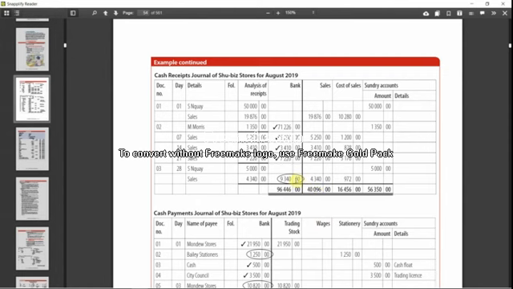So if we look at our cash receipts journal, if we have a circle there, it means we recorded it, but the bank did not record it on their side. Why would that be?